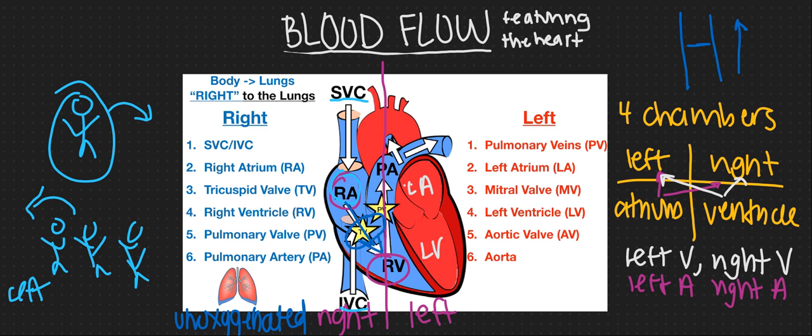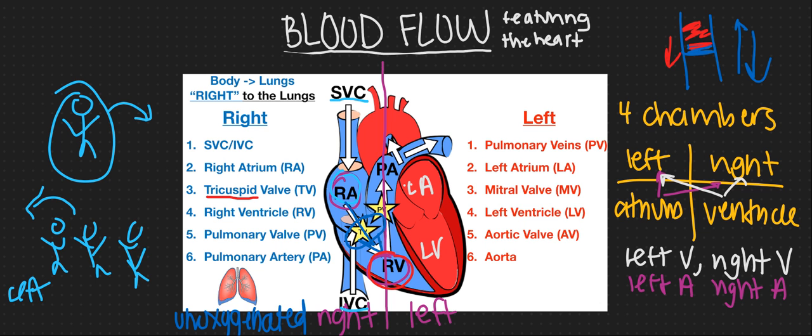To prevent it from going in the other direction due to gravity or any other force, we have a valve which just prevents the blood from going back down. It has to go in the direction it needs to because this valve is blocking it from going elsewhere. So we have the tricuspid valve here, and it's going to enter the right ventricle.